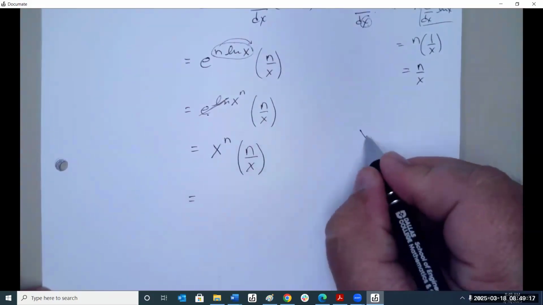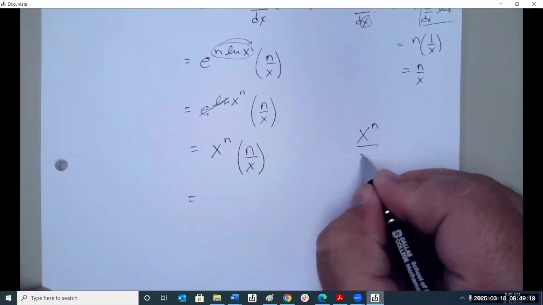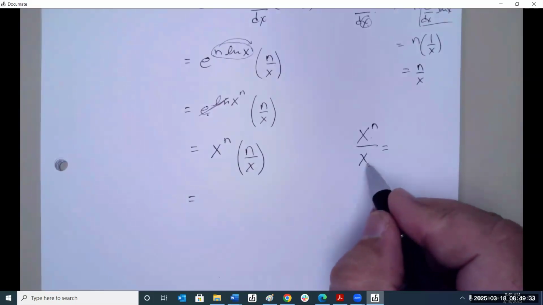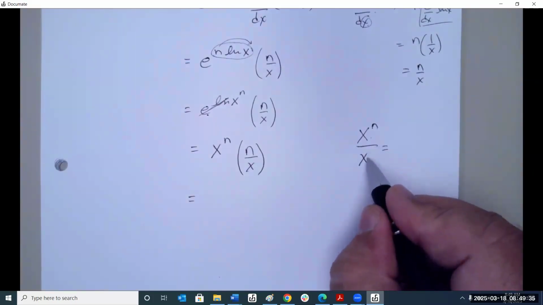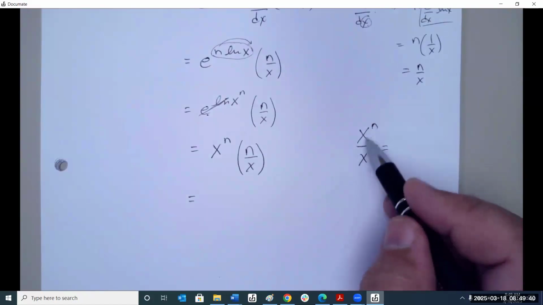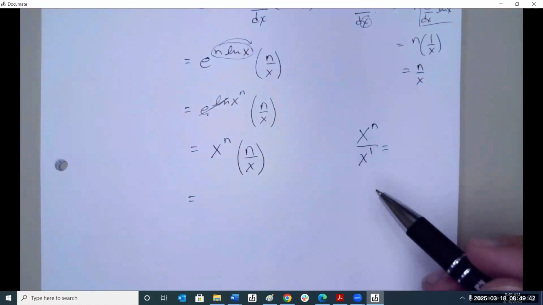In this part, we have x to the power n divided by x. What's another way we can write that? What's the exponent on the bottom? And the rule is, if you're dividing the same bases, what do you do with the exponents?